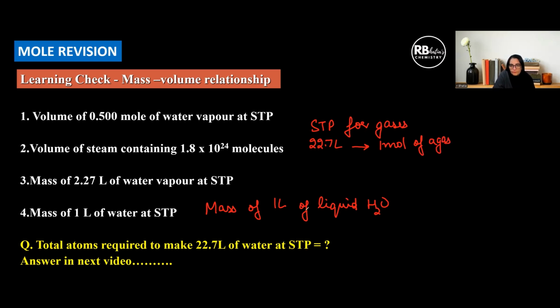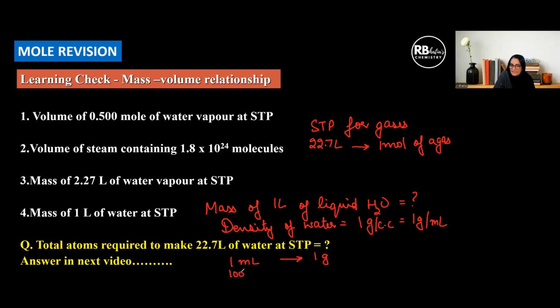So if the mass of 1 liter of liquid water is asked, what are you going to do? Now you're going to use the concept that the density of water is 1 gram per cc or 1 gram per ml, which means 1 ml of water is going to weigh 1 gram.